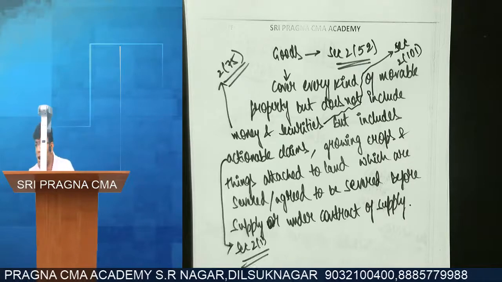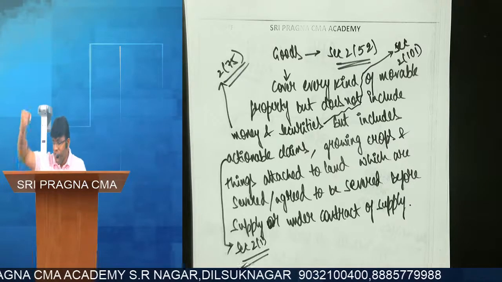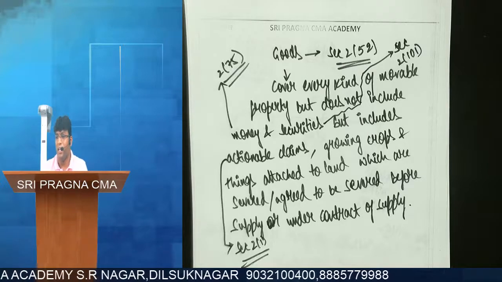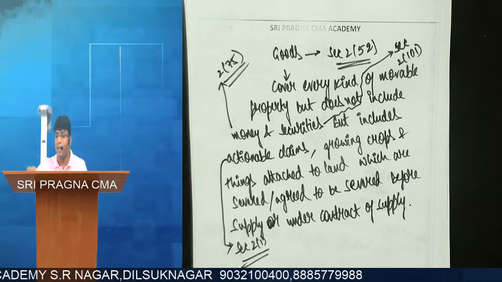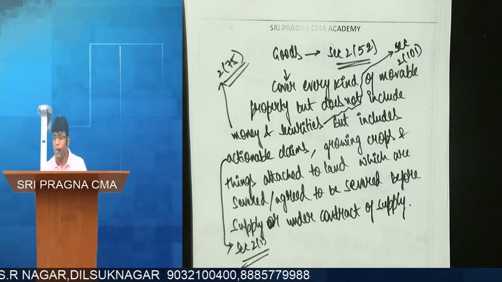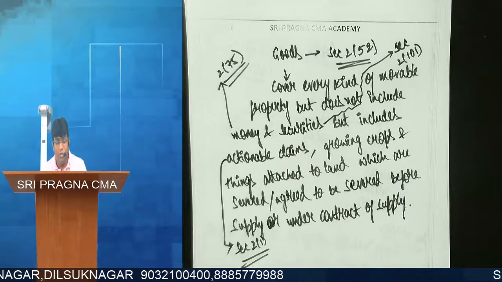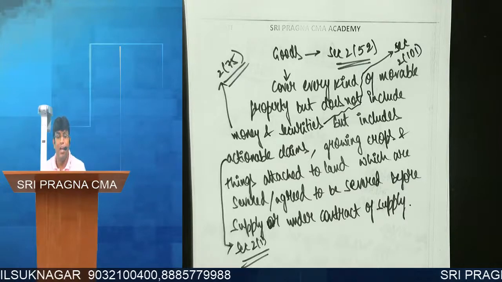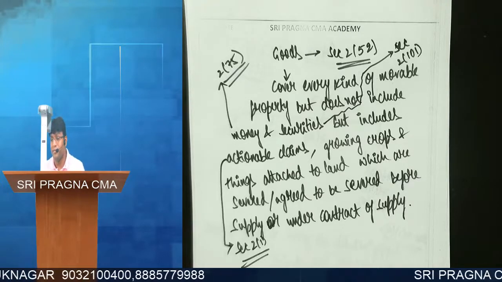Correct, my friends? Logical common sense: if there is a tree which is fixed to the land, along with the land you sell, it becomes immovable property. But once you cut a tree, it becomes goods, movable property. Growing crops and things attached to land which are severed, cut before supply or under contract of supply.